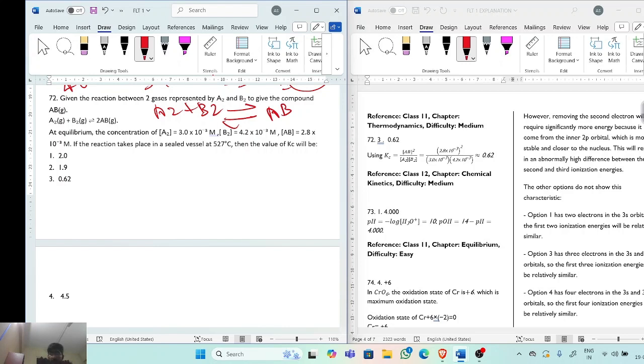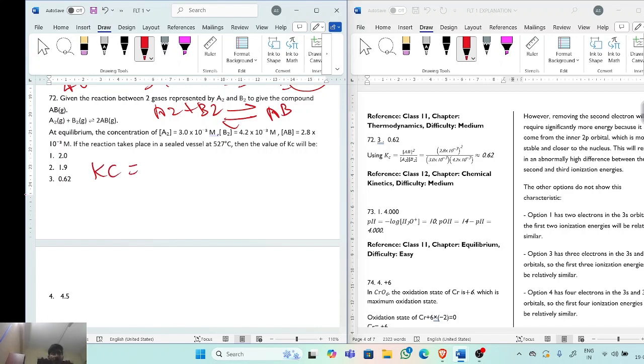Concentration of B2 is 4.2 into 10 raised to the power of minus 3 molar, and the concentration of AB gas is 2.8 into 10 raised to the power of minus 3 molar. If the reaction takes place in a sealed vessel at 527 degrees Celsius, then the value of Kc is? So we directly have to calculate the value of Kc, equilibrium constant.